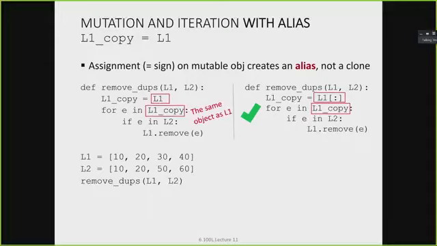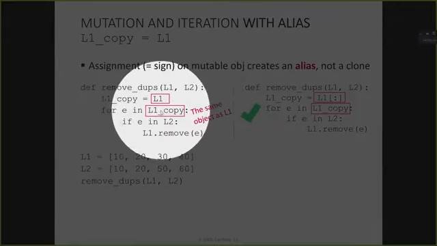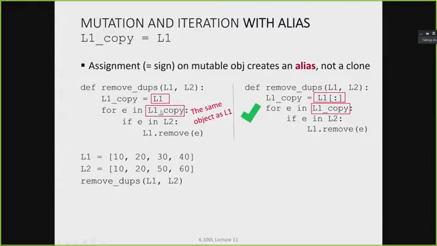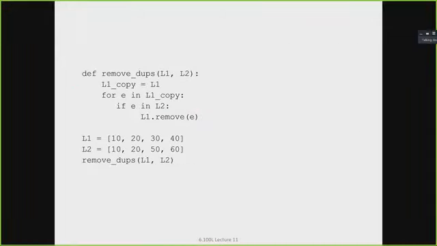So really, this particular code on the left here is not any better than saying for E in L1, because L1 copy is pointing to the exact same object in memory. Okay? So let me show you exactly what this means in the little cloud diagram that we've been doing.